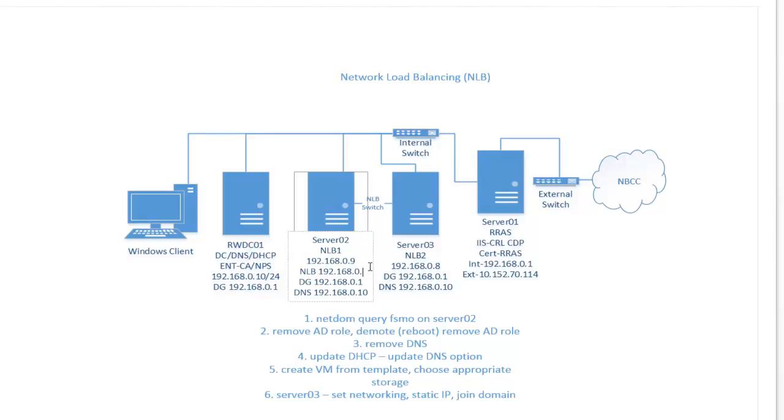The lowest IP that I have here is 8, so I'll say 7. Network load balancing interface, and this one 6, 7 and 6.